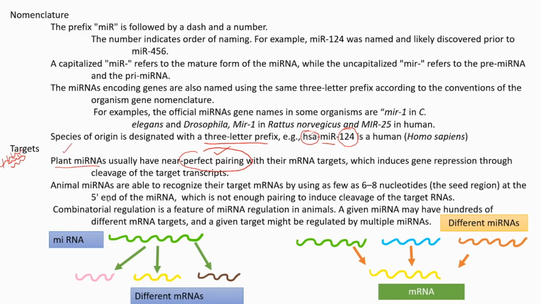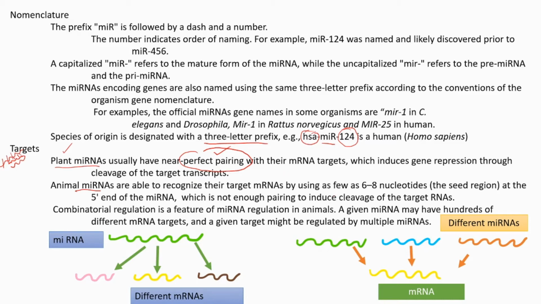But in the case of animal miRNA, that much complementary sequence is not seen in the miRNA with regard to the mRNA. So what is the method to prevent the expression of a particular gene?